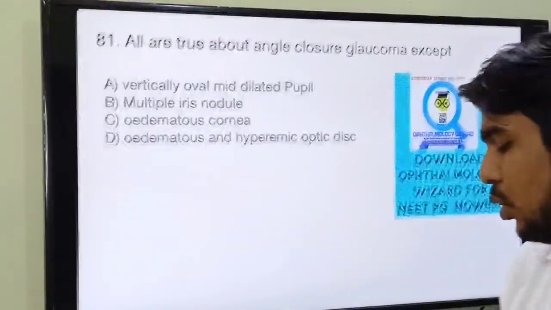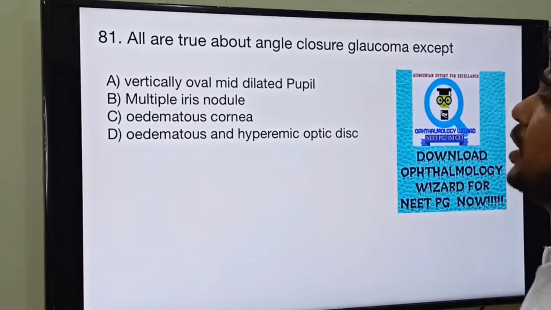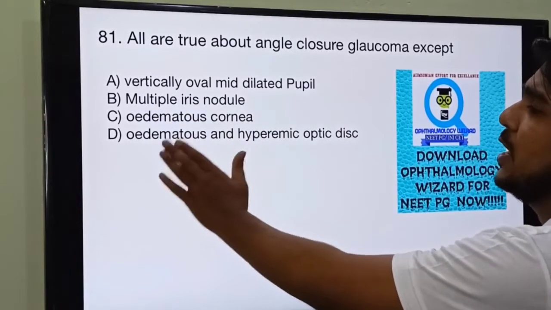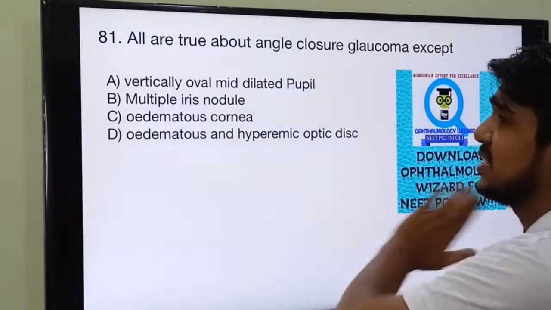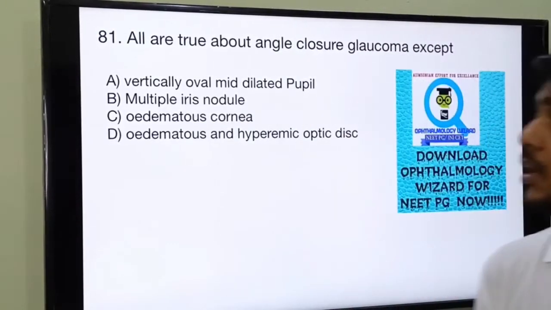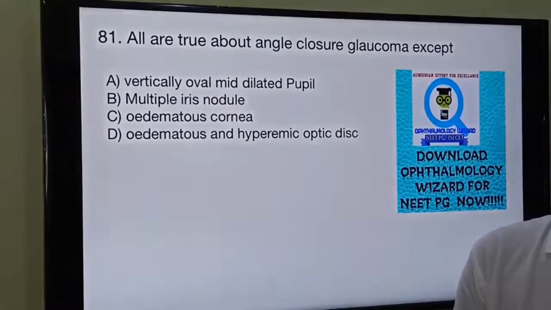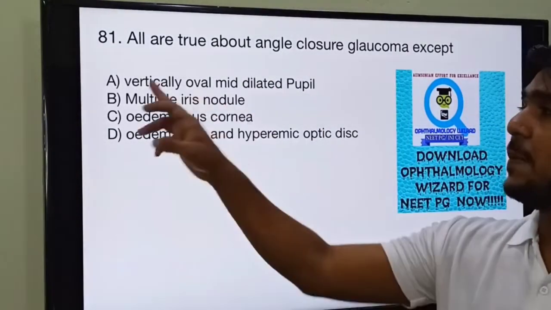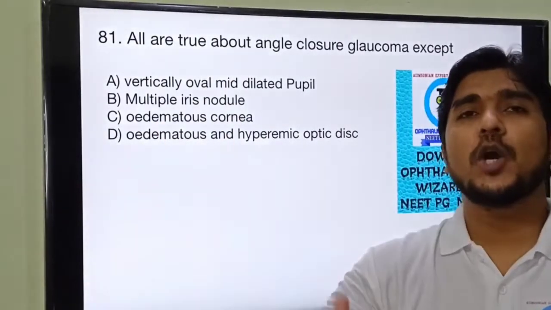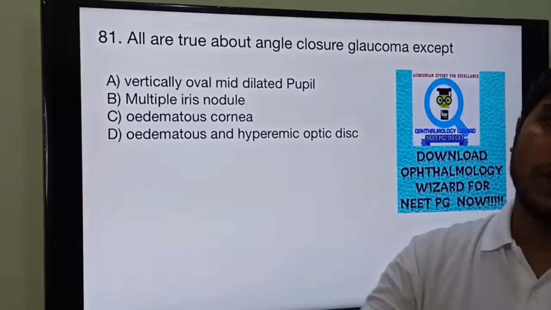So what will be the answer for this question? Options: vertically oval mid-dilated pupil, multiple iris nodules, edematous cornea, edematous and hyperemic optic disc. See, vertically oval mid-dilated pupil is a feature of this one. Remember this. Edematous cornea: in any glaucoma, there will be edema over the cornea because of increased IOP.